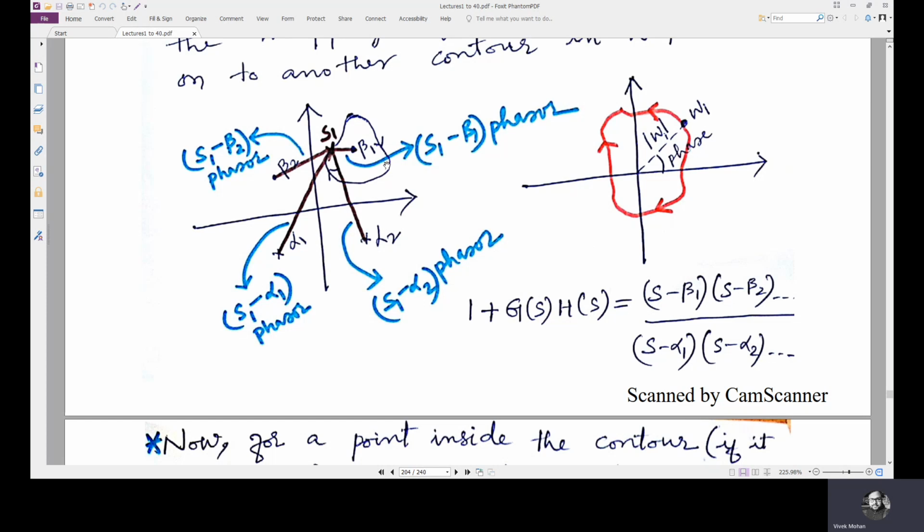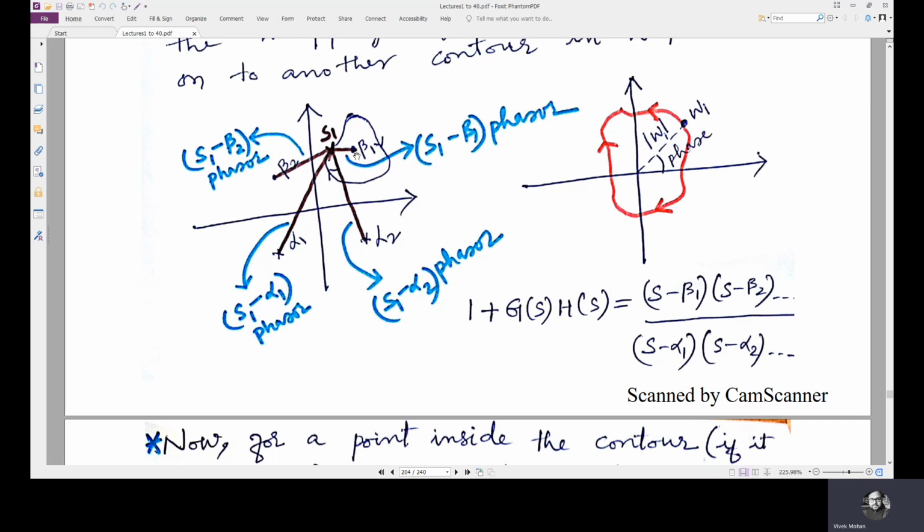Those angles are cancelled. So if you traverse the contour completely, the angle contributed by beta 2 would be 0. Alpha 1 also would be 0. Similarly for alpha 2 also it would be 0. So for any point outside the contour, the contribution of angle when traversing the contour completely would be 0.